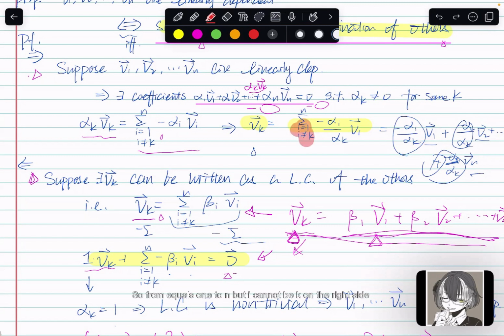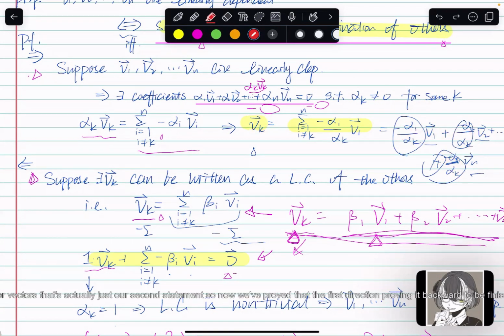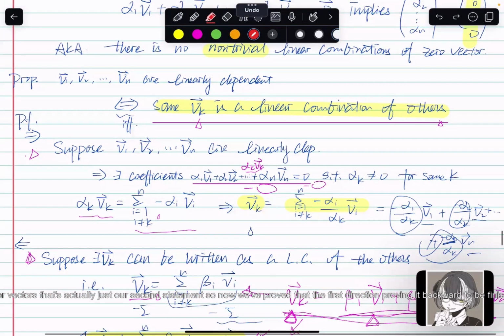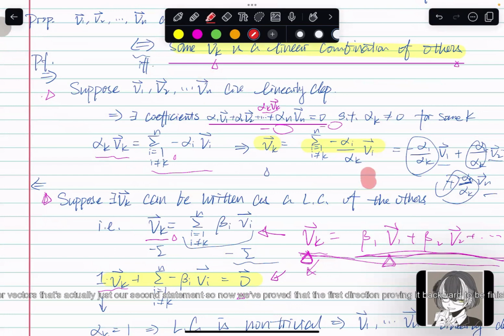So from i equals 1 to n, but i cannot be k on the right side. All right. Now, if I can write vk as a linear combination of other vectors, that's actually just our second statement. So now we've proved the first direction.